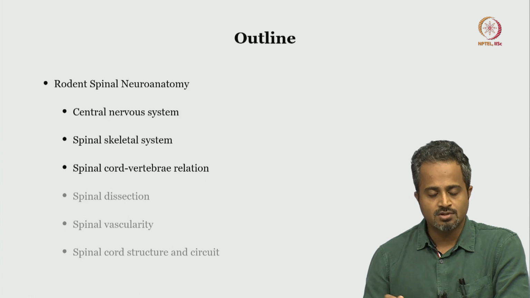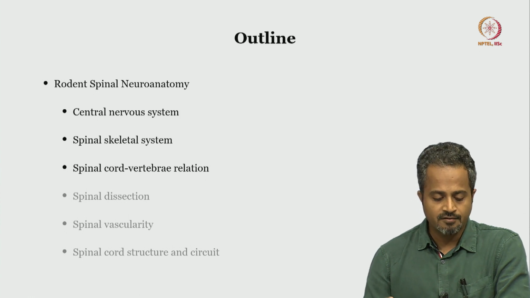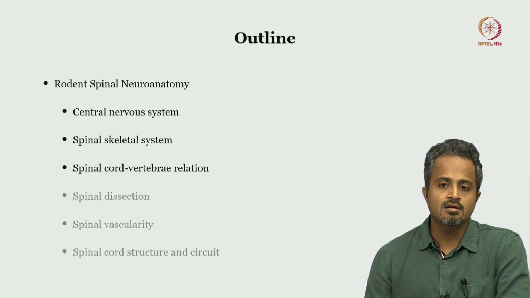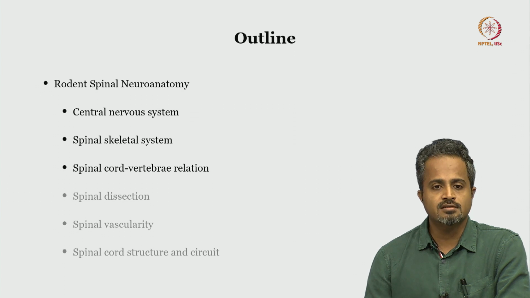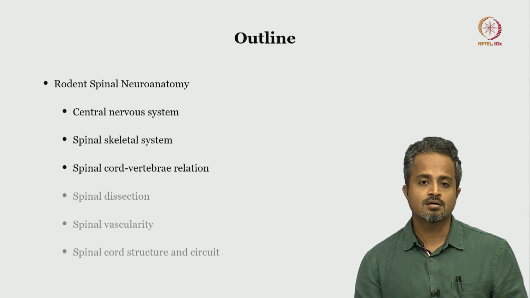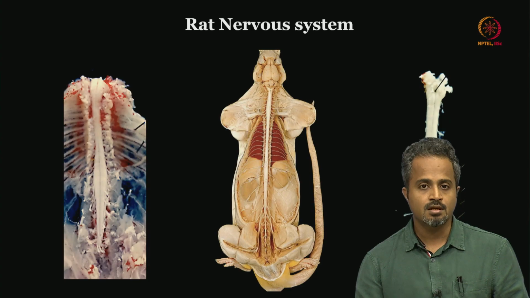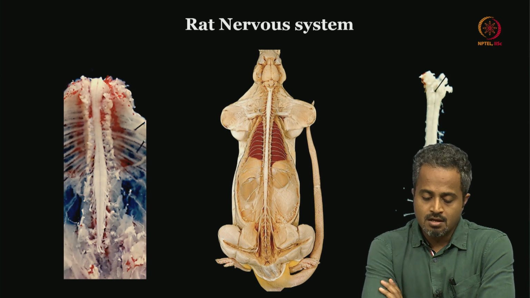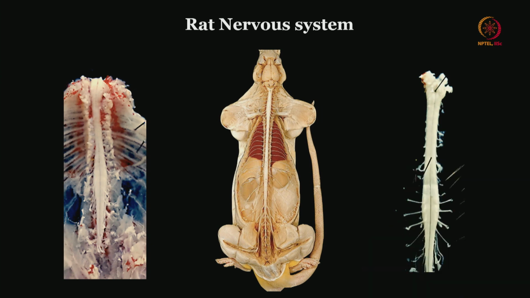That is the entire outline. In the first half I will be covering the top 3, and the next half I will be covering the remaining half of the session.